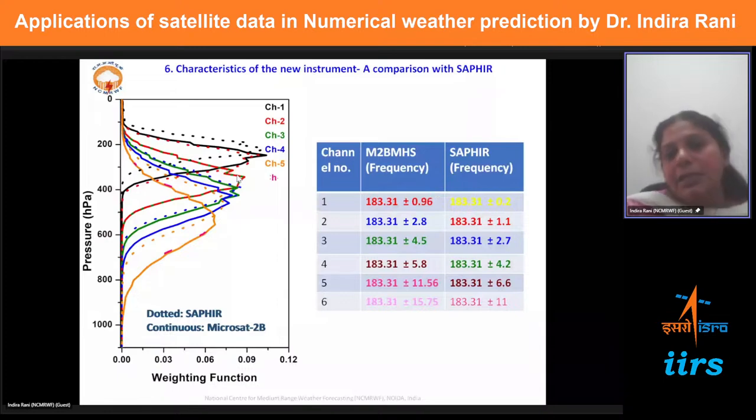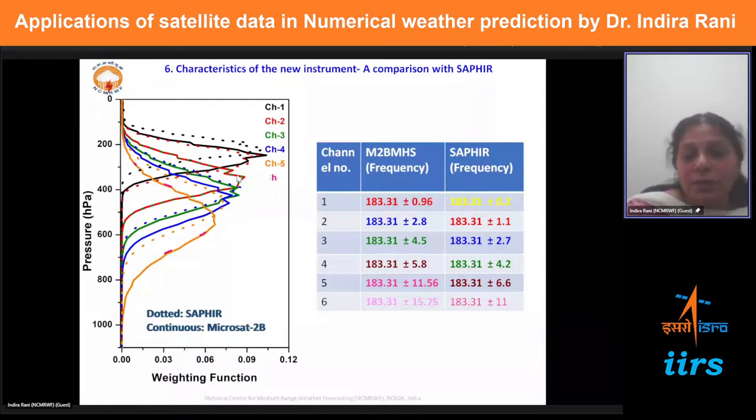But that is again an advantage. As we have seen in one of the slides, the lowest peaking channel of Saphir, which was not present in any of the microwave humidity sounders, contributed the maximum to the NWP assimilation system. Similarly, we expect that the lowest peaking channel of the new instrument, Microsat 2B, can contribute more than what Saphir did.